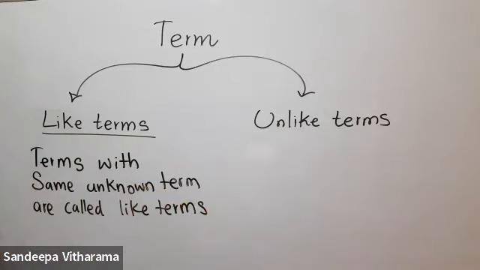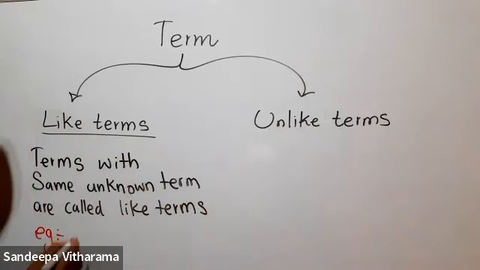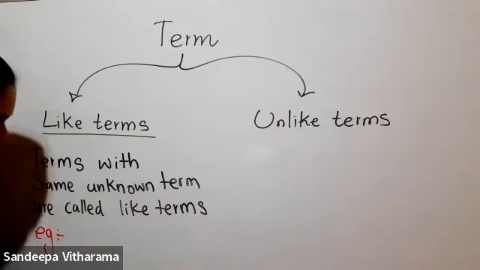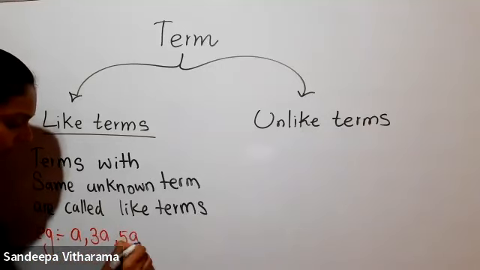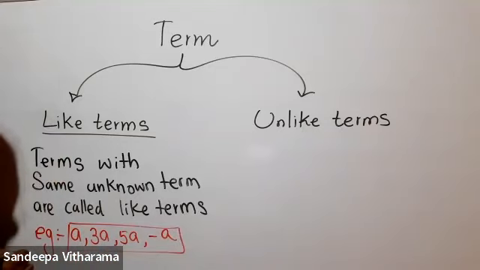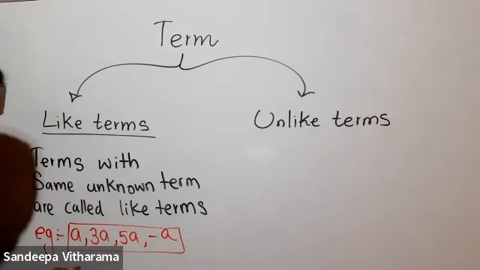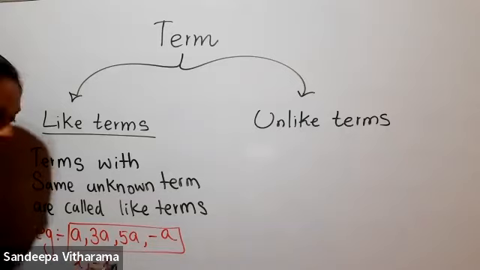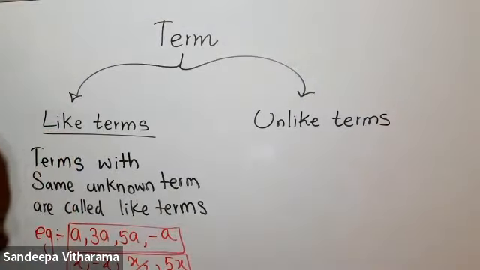Then let's write an example. A, 3A, 5A, minus A. These are called a bunch of like terms because their algebraic term is equal. Then x, minus x, x over 2, 5x. Now these are also like terms.